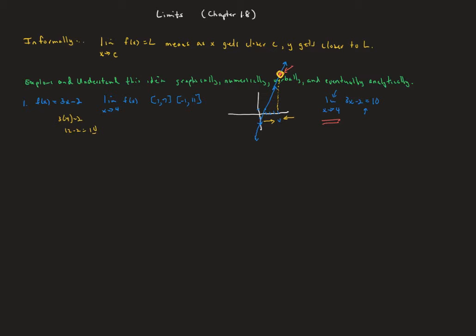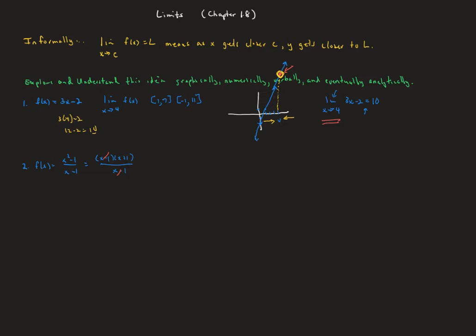So let's try another example. This time I'm going to say that our function f of x is equal to x squared minus 1 all over x minus 1. It's going to get the rust off a little bit from what we talked about in AP prep. If you recognize that x squared minus 1 factors into x minus 1 times x plus 1, you can see that those x minus 1s are going to cancel.